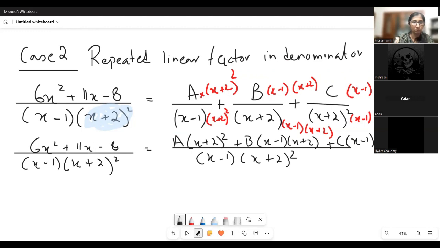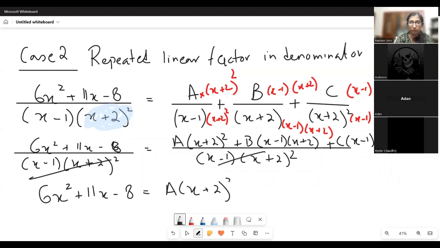Okay. And then this and this gets cancelled, and we have 6x squared plus 11x minus 8 equals a times x plus 2 whole square plus b times x minus 1, x plus 2 plus c times x minus 1.